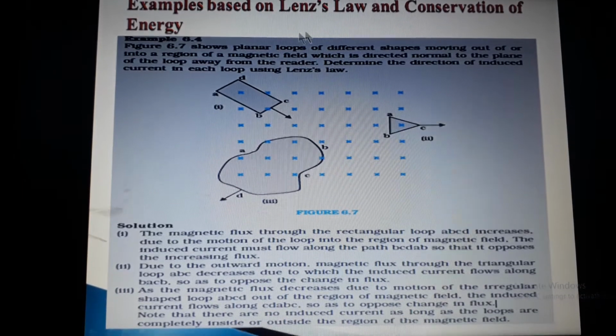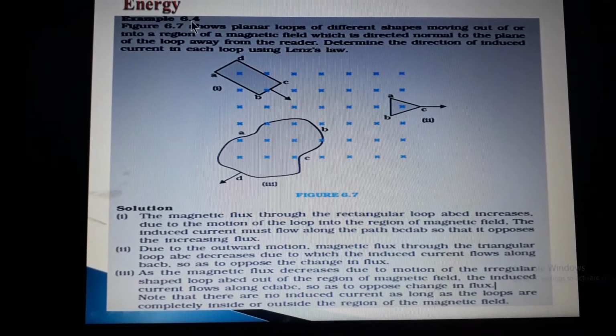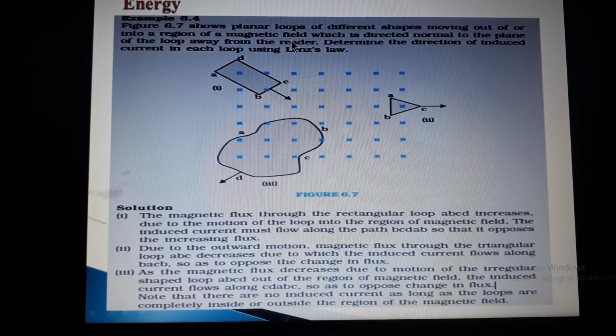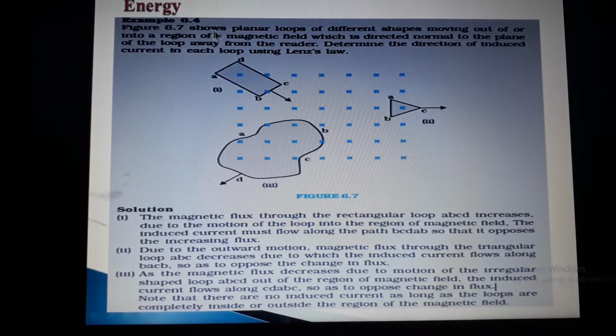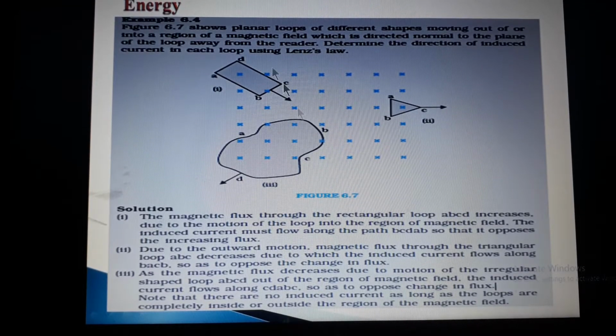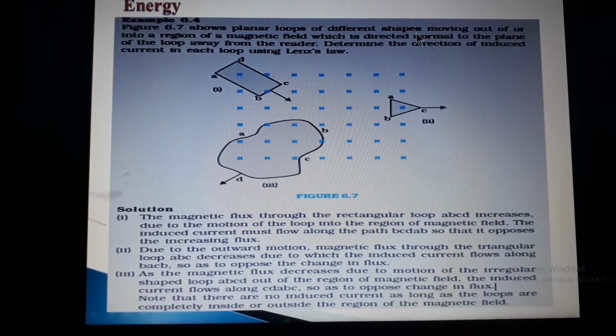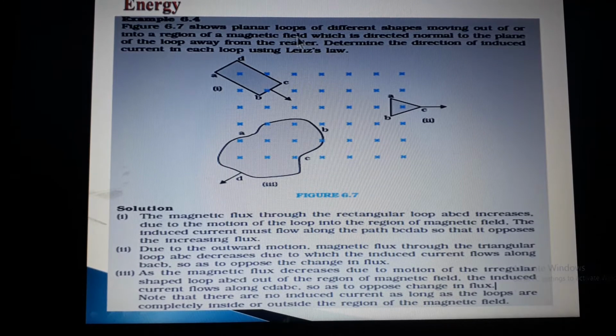This is example 6.4, taken from the textbook. Just see what the example wants to say. Figure 6.7 shows planar loops of different shapes moving out of or into a region of magnetic field.